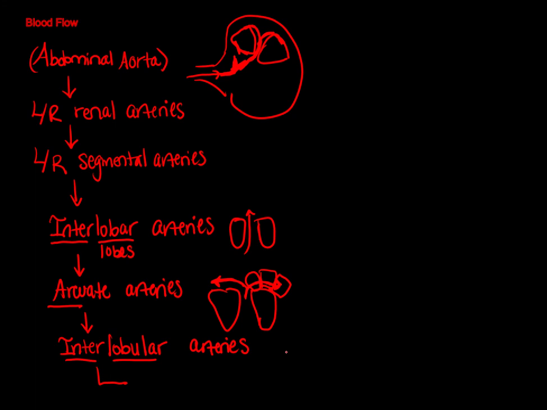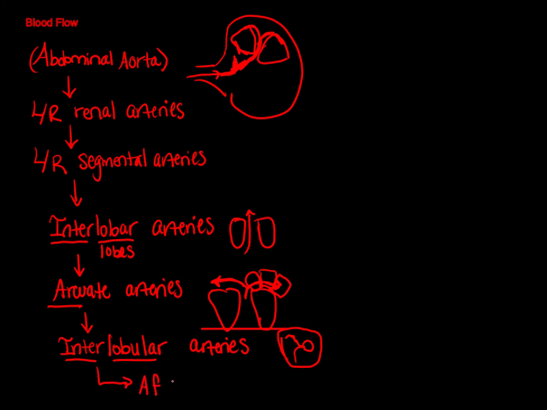Then when we zoom in on one of these lobules, you'll see your renal corpuscle. And what's really cool about this is that this is one of the few places in your body where an arteriole will feed into a capillary bed and then exit through another arteriole, right? So very, very special.